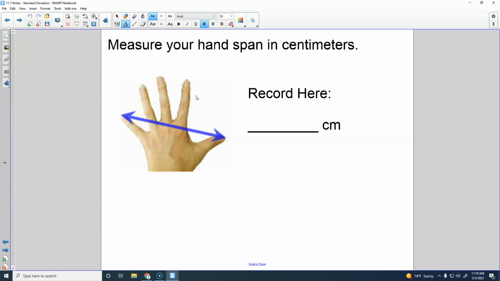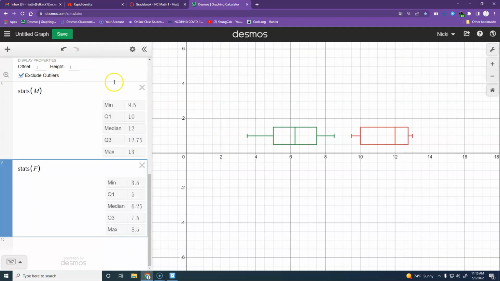Is that 13? Put your thumb at 0. It's to 18. You can stretch further than that. Stretch. Okay. 17. All right. I'm going to actually put this into Desmos first.